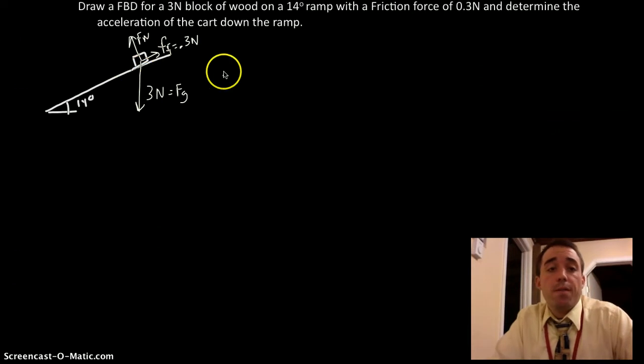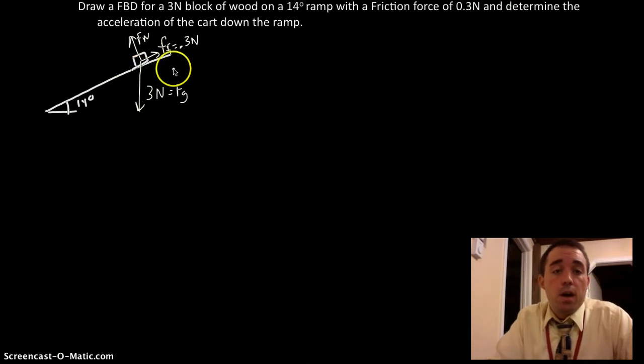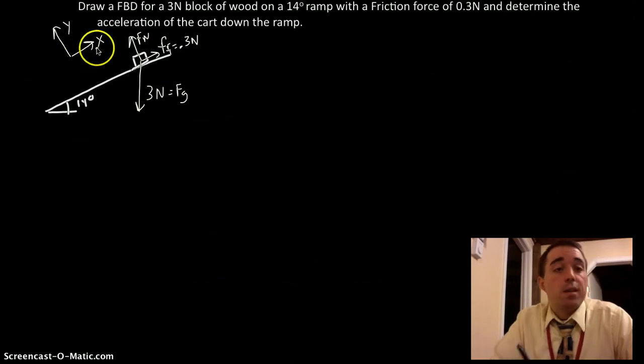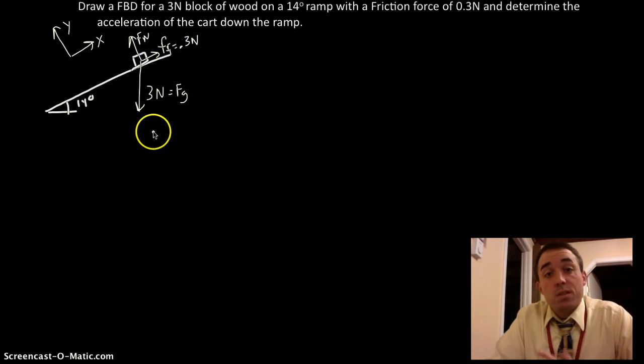So whenever you have a free body diagram or a force on a ramp, you have to break apart the forces. We want to rotate our coordinate axis so that's our positive y and that's our positive x, perpendicular and parallel to the surface of the ramp. So Fn and Ff are perfect. We don't need to do anything with them.